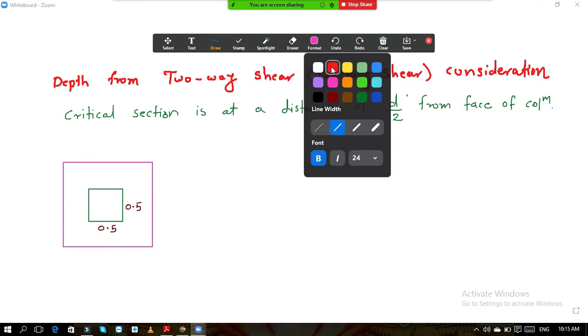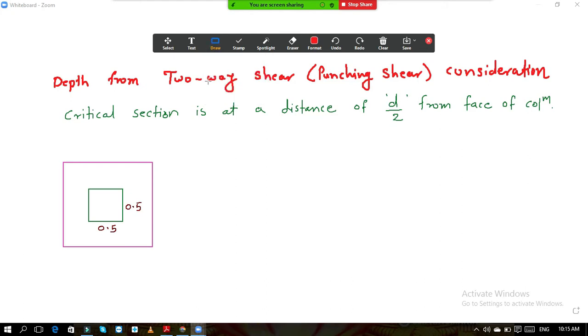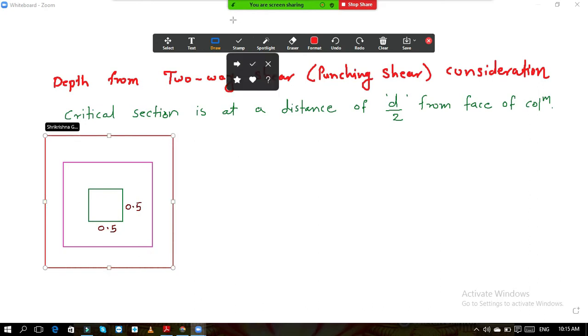And now we will draw the footing. And footing is somewhere here. This is our footing. Now the diagram might not be accurate, but you can understand. If you see the critical section, it is at a distance of d by 2.